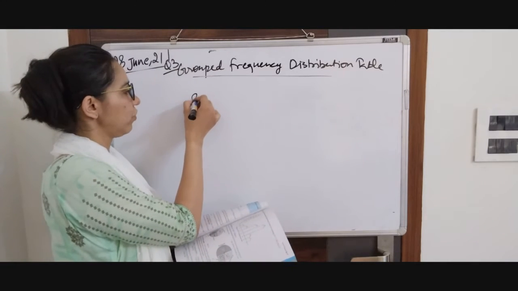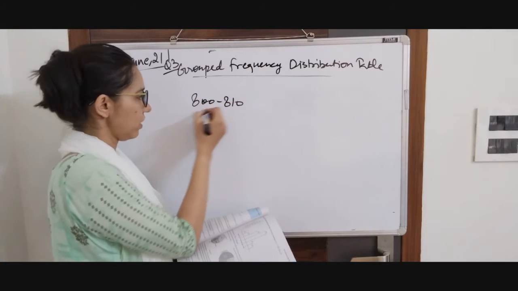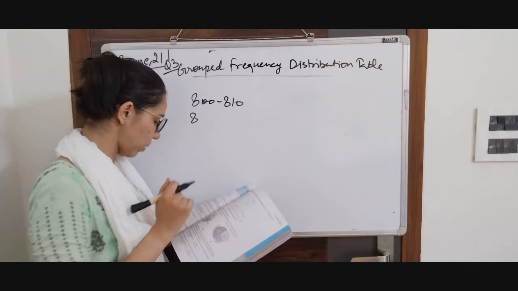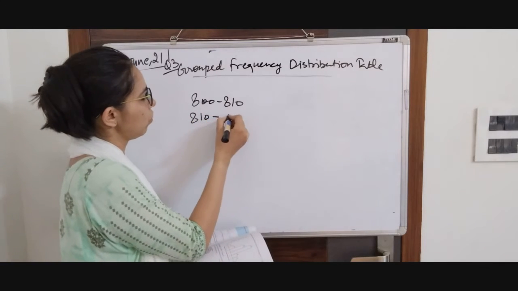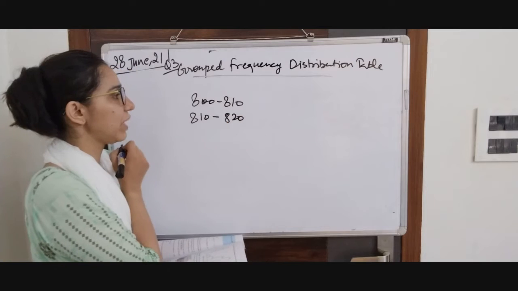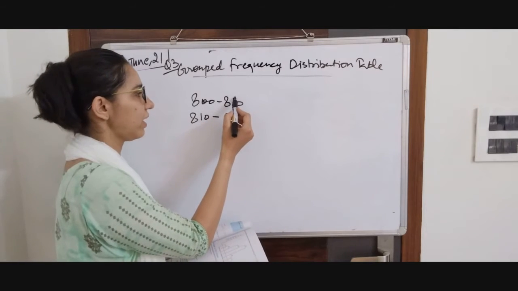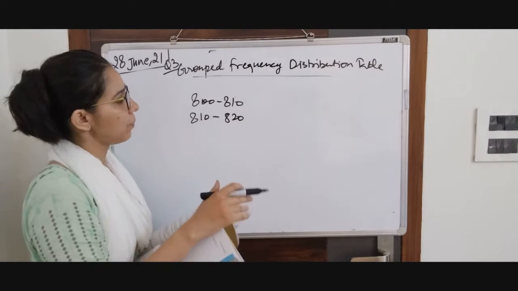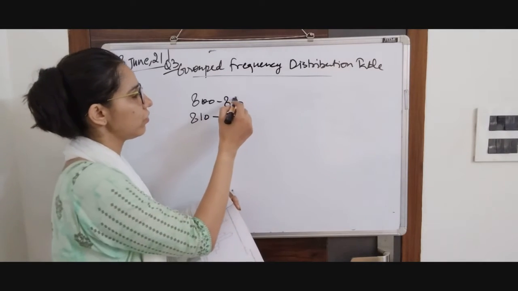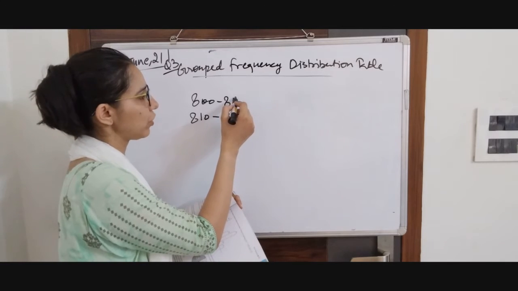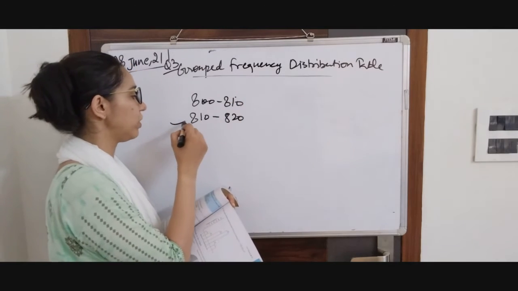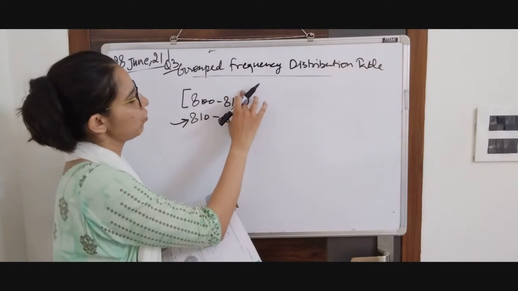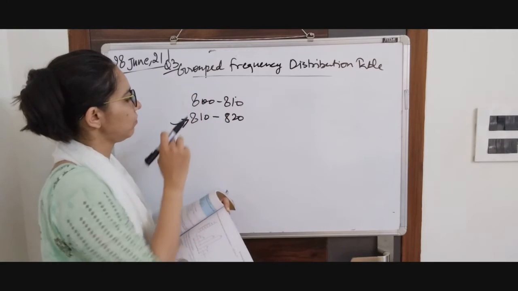Tally marks. So we have to use 800 to 810, and the maximum data we have is 890, so it is going to be up to 900. Then 810 to 820. As I mentioned earlier, because 810 is present here and here also, this may present some ambiguity. 810 is not going to be included in this interval, it is going to be in the next interval because of the representation we use in our grouped frequency distribution table.